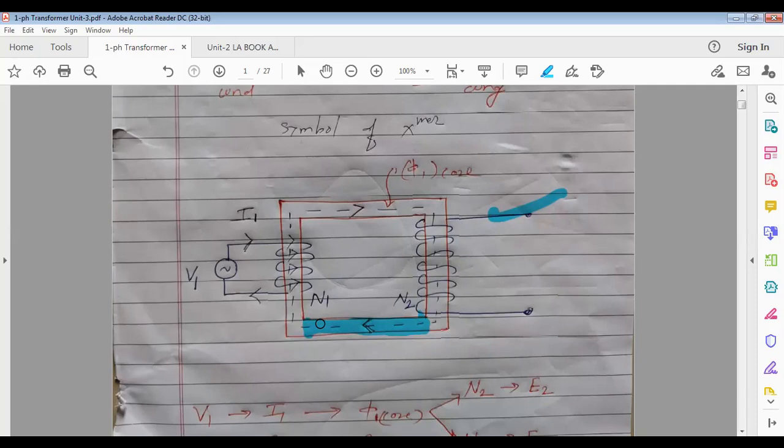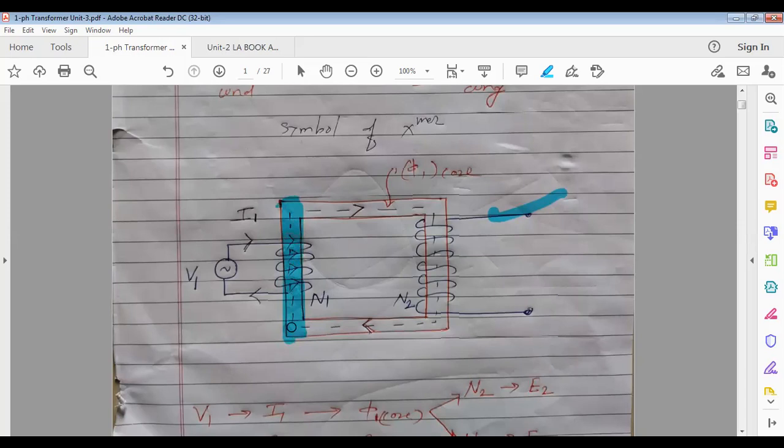Once this number of plates get manufactured, what is done? On both sides, varnish is put. Varnish acts as an insulating material, and like this, suppose 20 plates are stacked together. First of all, consider suppose 20 plates are manufactured, or more than that, 100 plates suppose, and varnish is put on both sides of these plates.